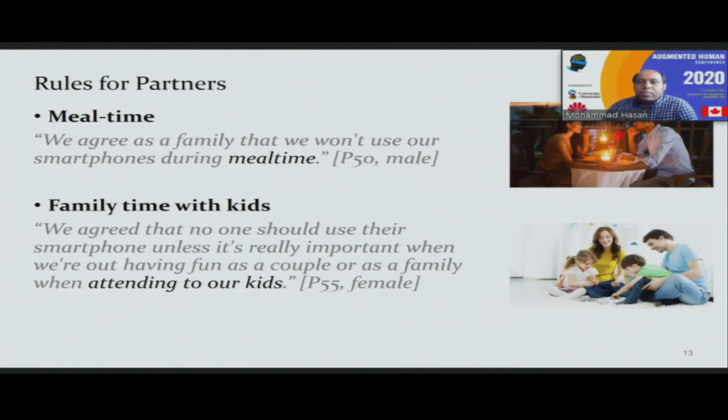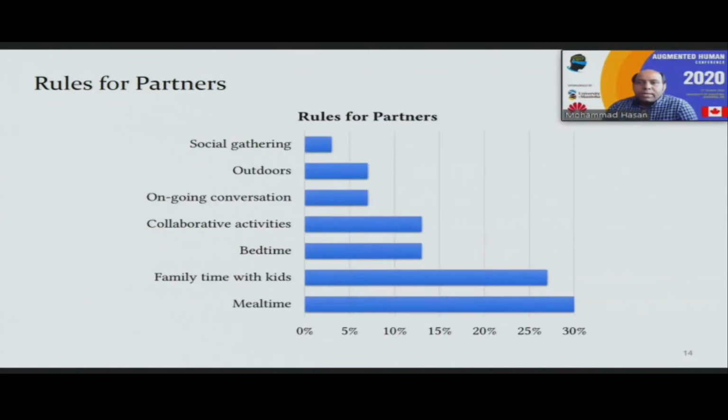And we also found that there are other situations or locations where people have rules not to use smartphones with their partners: during bedtime, during collaborative activities, or during an ongoing conversation. So these are the common agreements people have for their partners.